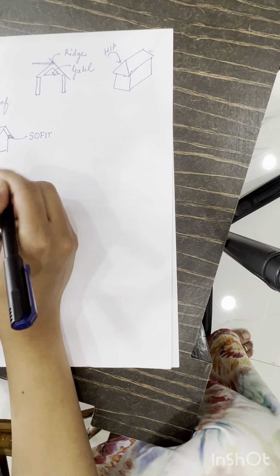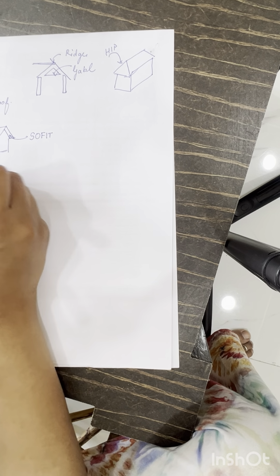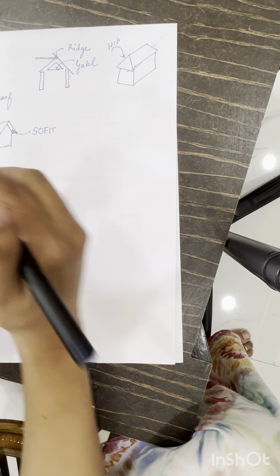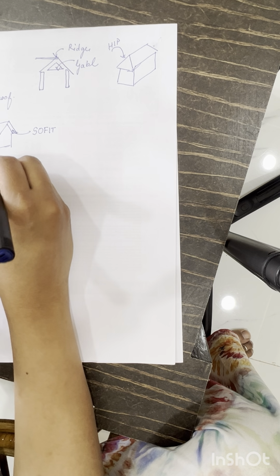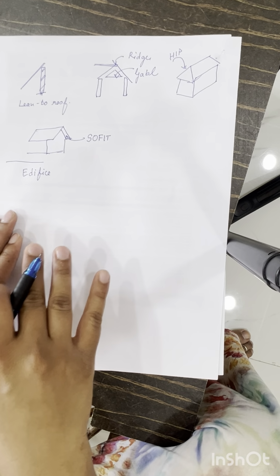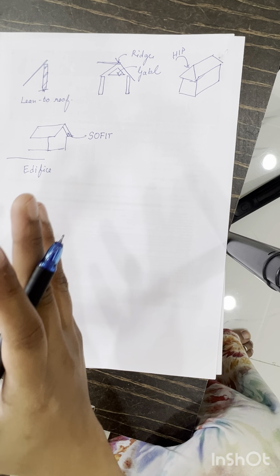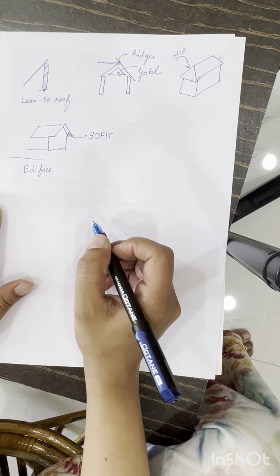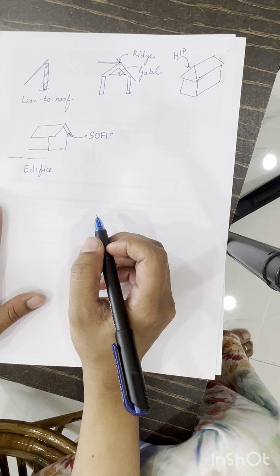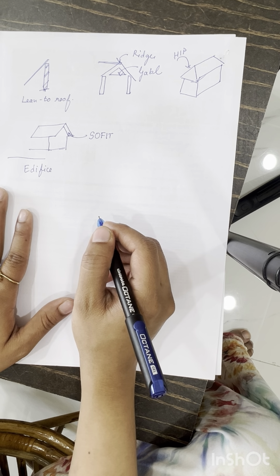Okay. So our next term is edifice. Edifice is basically a huge building, a very massive structure imposing in appearance. किसी भी बिल्डिंग के सराउंडिंग के रिस्पेक्ट में एक बहुत बड़ी बिल्डिंग जो इम्पोज करती है, that is called an edifice.